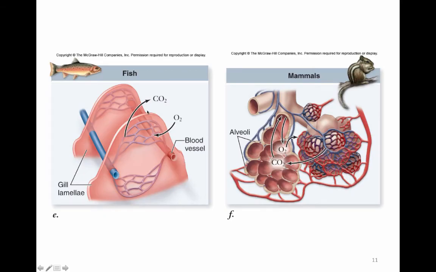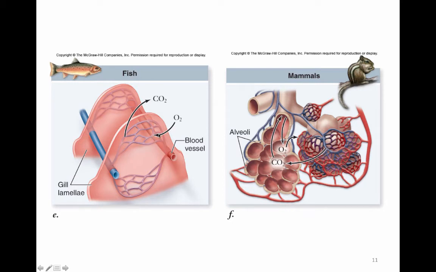So if we look at the structure of one of these secondary lamellae, so these little flaps of tissue, basically we've got a tissue that's just a couple of cell layers thick with these blood vessels sandwiched in between them. So this brings these tiny little capillaries, and these capillaries are so narrow that red blood cells go single file through them.